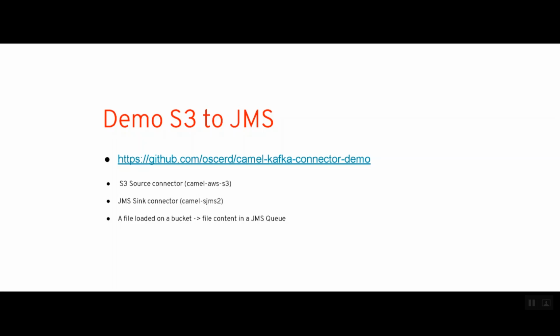The idea is to load a file in an S3 bucket and send the file content into a JMS queue using Kafka in the middle, and using the source connector and sink connector related to the components involved in this. So let's see.